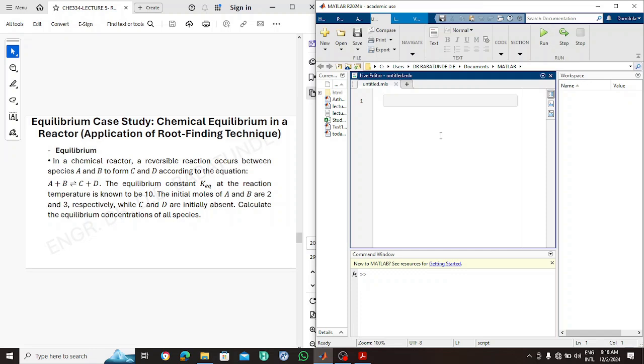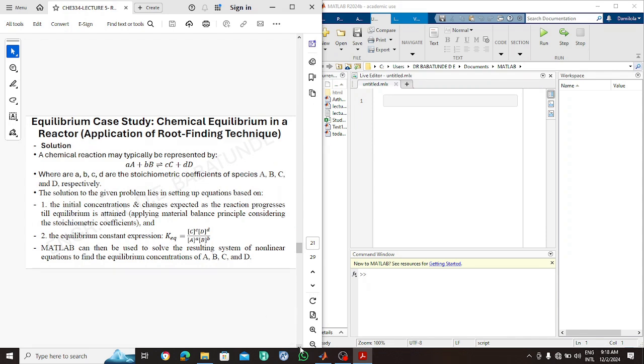That's what we want to know. Based on the question, we are given the initial concentrations of species A, B, C and D. We know what they are. So now we want to determine what the concentrations will be when we have attained equilibrium. So that's the question.